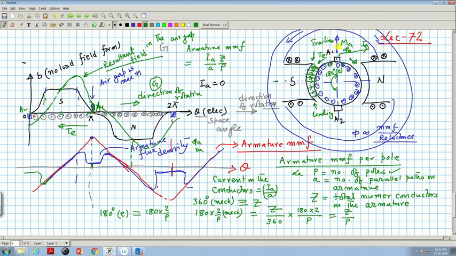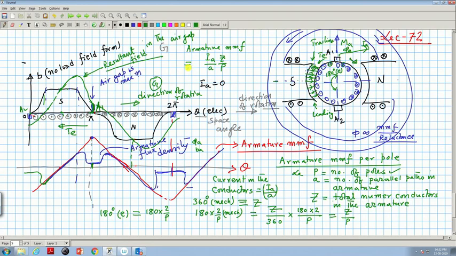that is along this line. What will be the armature MMF? All these turns I have taken, and this is caused by two poles in this electrical representation.